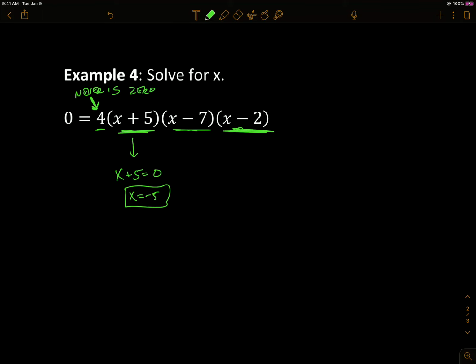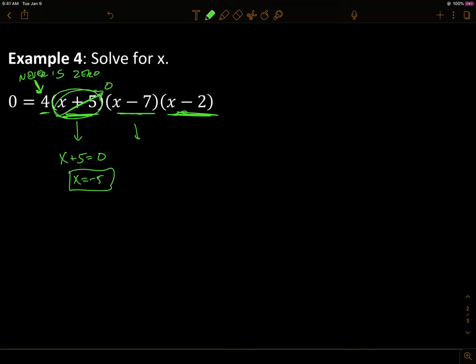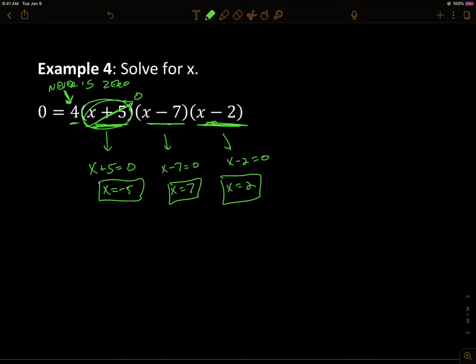That's a solution. -5 would make this factor go to 0, and I wouldn't even care what the other factors come out to be, because multiplying by 0 would zero out everything else. So that's one solution. If the next factor is equal to 0, I could solve that little mini equation and get a solution. And then this guy as well, I can set up this factor and solve and get another solution. So this would have 3 solutions because there's 3 factors that contain x.